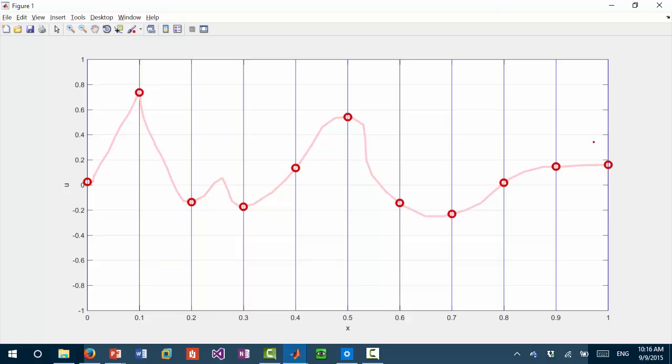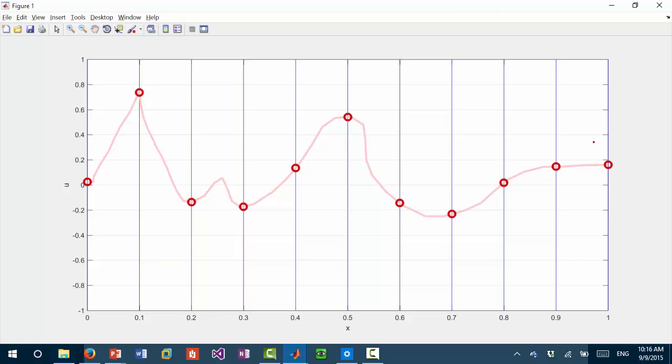And in a finite difference discretization, the computer has forgot practically what you have drawn, except for these red circles. A finite difference discretization basically keeps only the value of your function at particular points in the spatial domain.